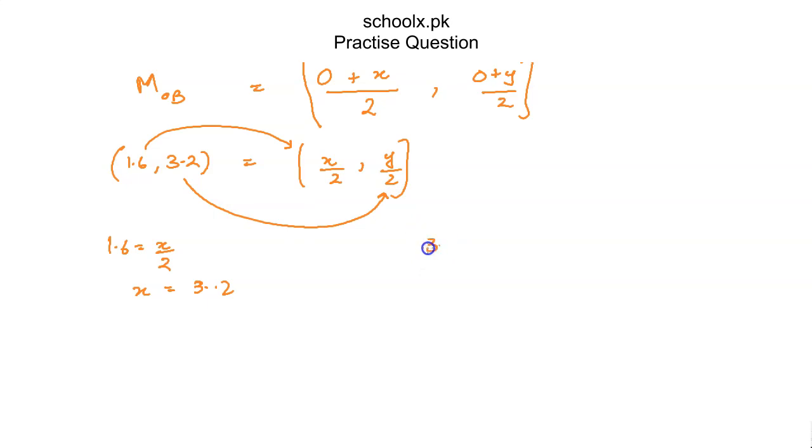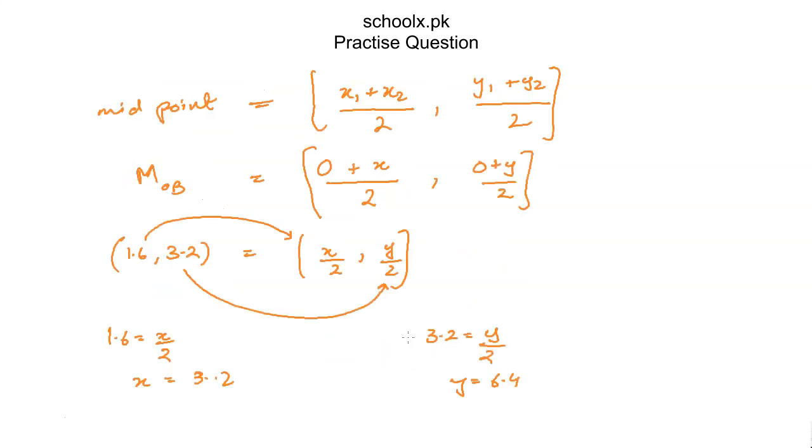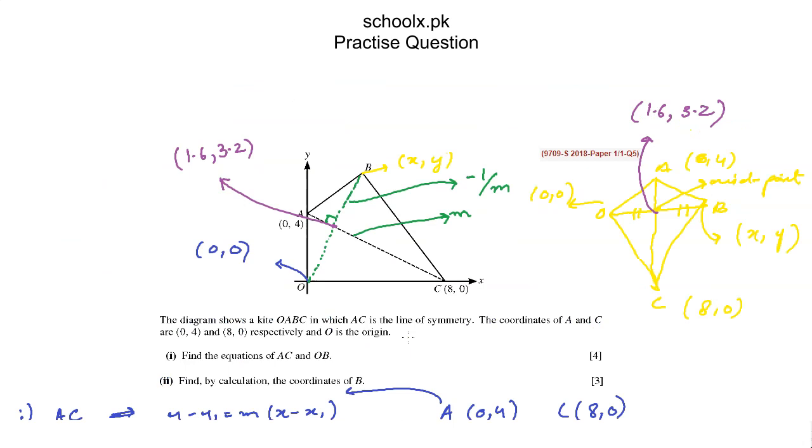So 3.2 equals y by 2, and y equals 6.4. So the coordinates of B are 3.2 and 6.4, and this midpoint was 1.6 and 3.2.